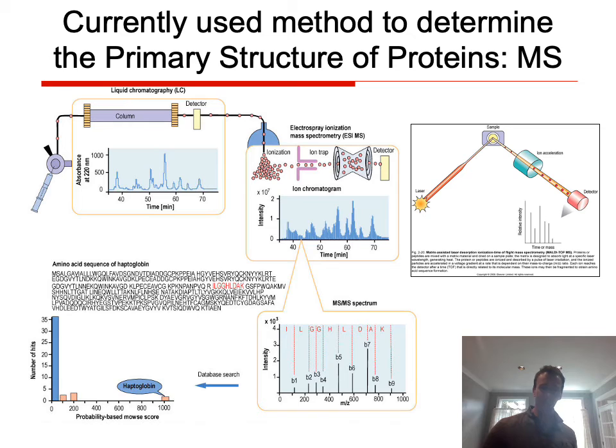So the current state of the art is really using mass spectrometry, and there are different mass spectrometers that you can use. Typically, one of the main ways people use it is you have an upfront liquid chromatography step. So essentially you take your protein of interest, you digest it using some sort of enzyme.